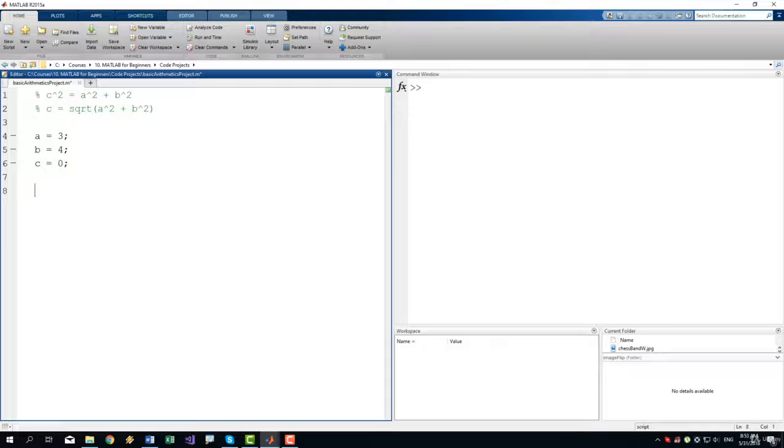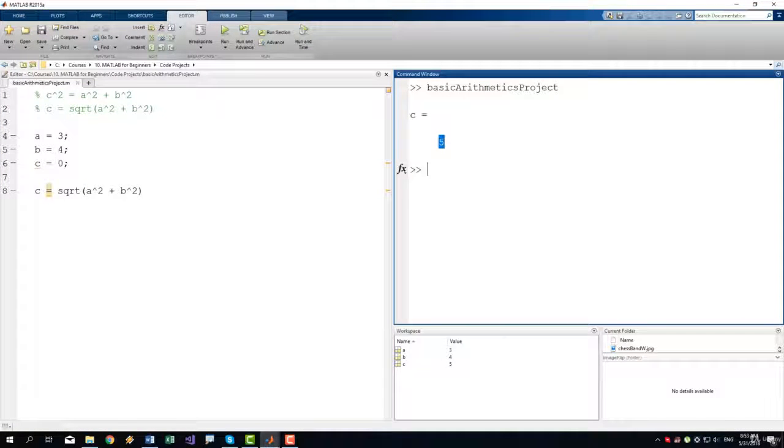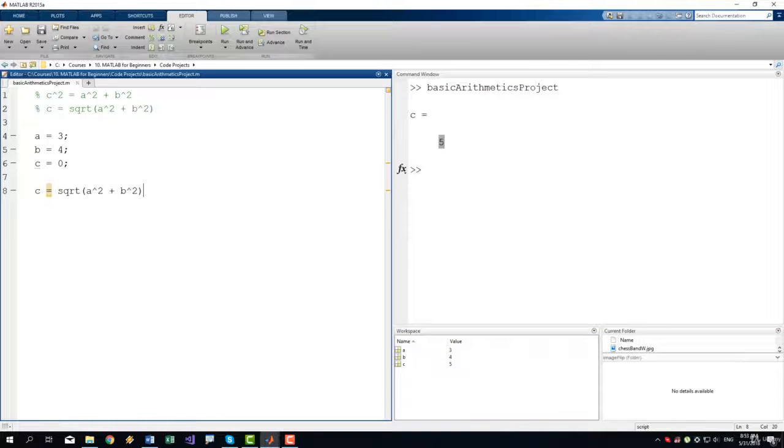So to find c, we simply have to use the equation that we came up with up here. So c equals sqrt of a squared plus b squared, and if we run it, we get c equals 5, which is precisely correct. Now, what if we want to find a or b?